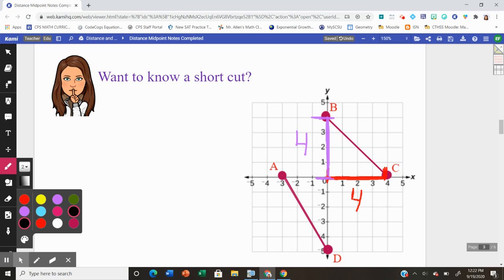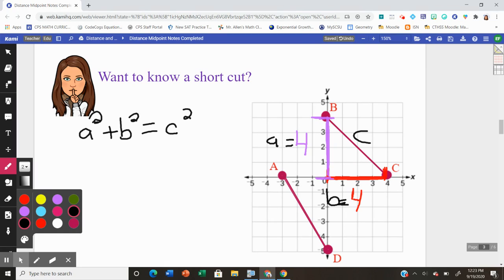Pythagorean theorem: a squared plus b squared equals c squared, where a squared and b squared represent the length of the 2 sides or legs of the triangle, and c is going to represent the hypotenuse. So for us, a is 4 and b is 4. C is actually going to be what we're looking for.